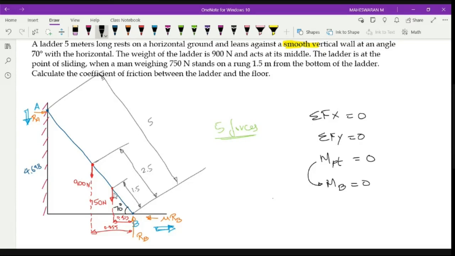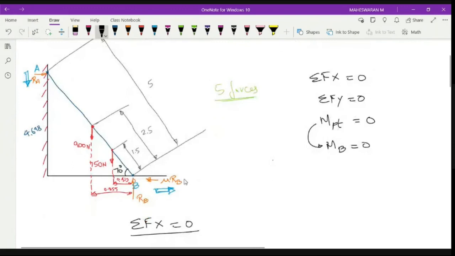So the method and procedure is the same. You draw a diagram, identify the distances with respect to vertical and horizontal, say that it is in equilibrium, and equate it. Only thing is I am adding one more force, a friction force, which is always opposite to the direction of motion.